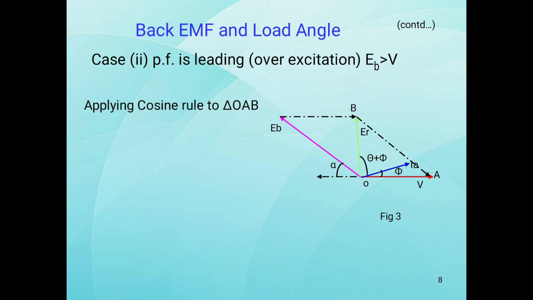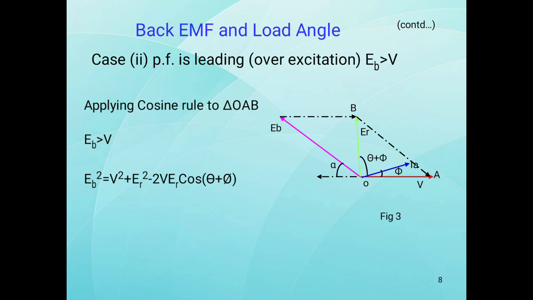Observe this one, very important in the phasor diagram. Here the voltage is V and the current is leading by angle phi, and the angle between V and ER is theta plus phi, and EB is greater than V.